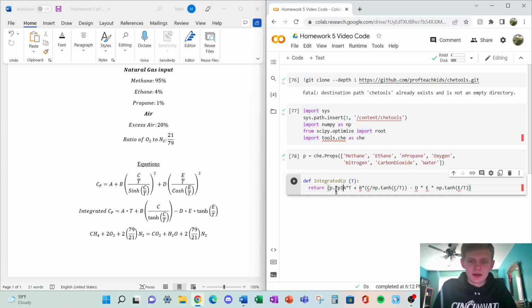So it's going to be the heat capacity of an ideal gas, capital C, lowercase p, of an ideal gas, and that is going to be our values. We're going to copy and paste that and put it with the rest of our function here.